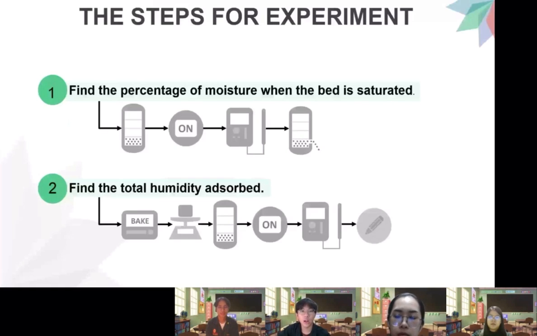Second, load silica gel into the column at a bed height of about 5 cm and turn on the machine. Third, record humidity values at the hygrometer every 30 seconds. And fourth, stop the experiment when the humidity percentage is equal to the first step.